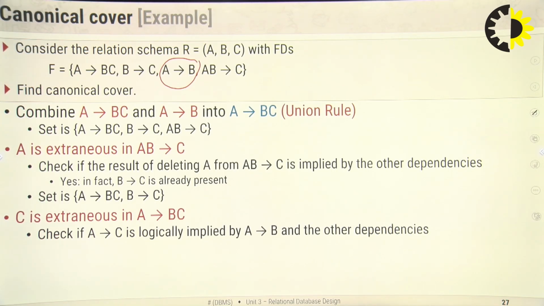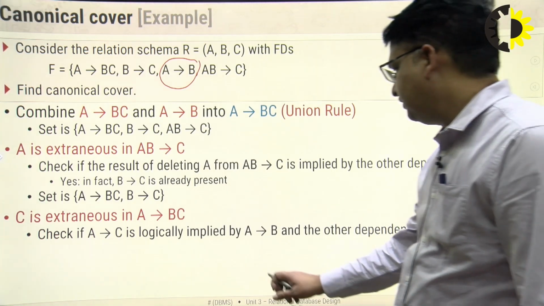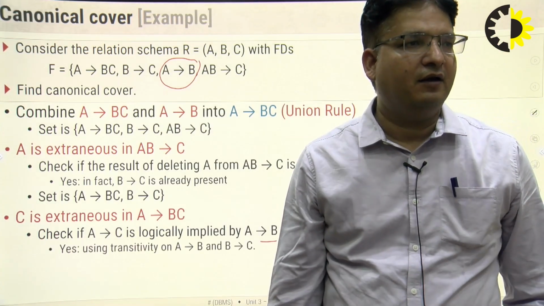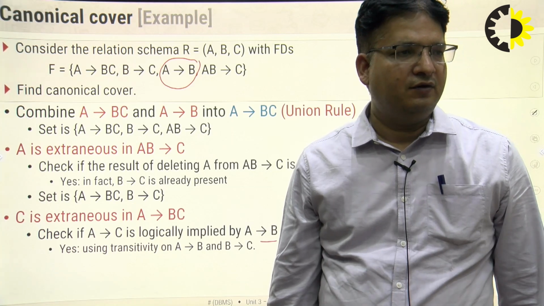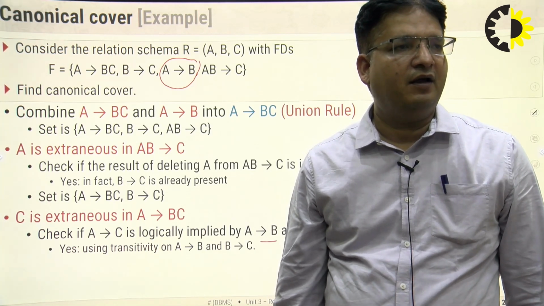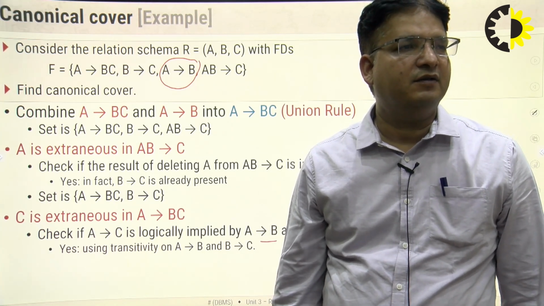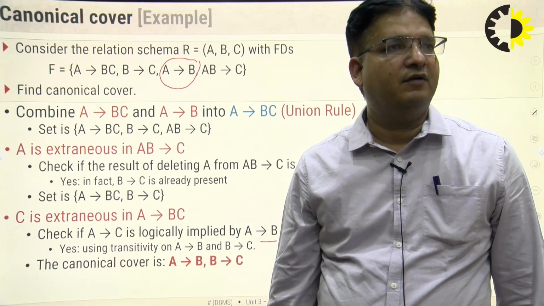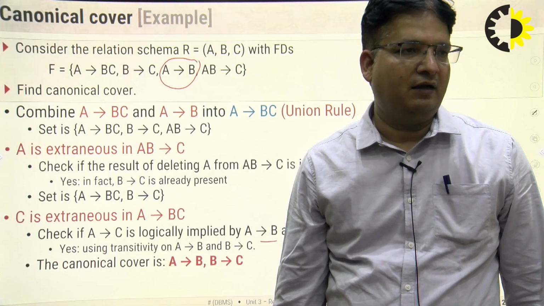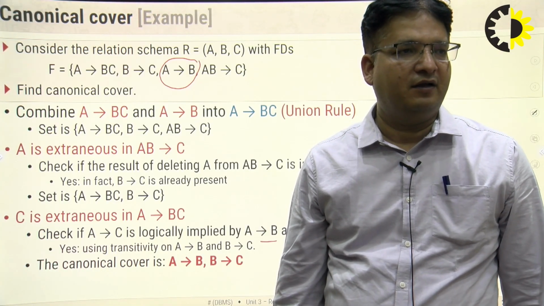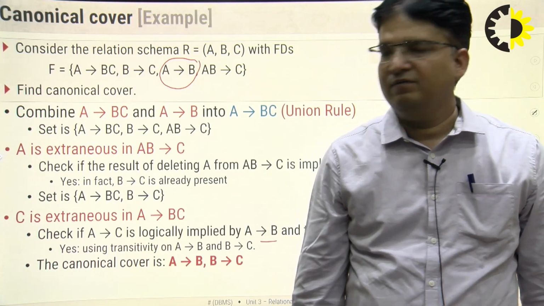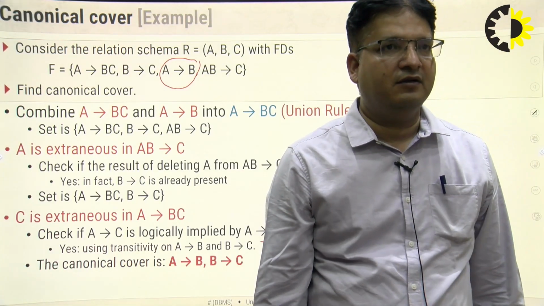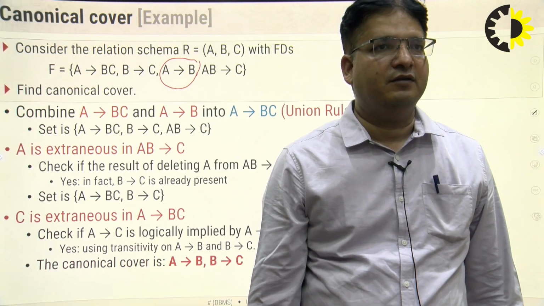We have to check whether A determines C is logically implied by the other FDs. So A determine B and B determine C, so that means A determine BC. So the canonical cover is only two FDs that are left, that is A determine B and B determine C. This covers the syllabus of today's lecture.